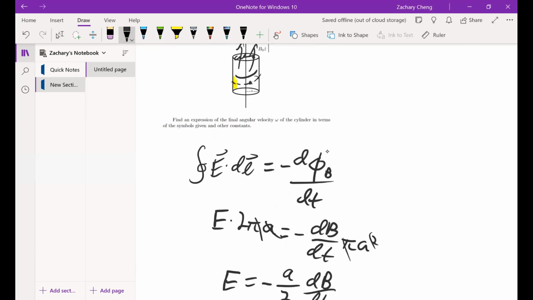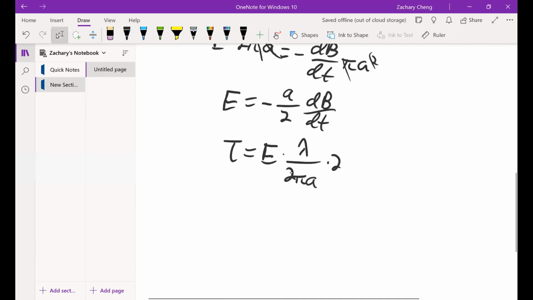So we need to multiply this by the length of the circumference, which is 2 pi a. This is the force on it, so we just need to multiply again by the radius a to find the torque. And we know that torque is just equal to I alpha, which is I d omega over dt.